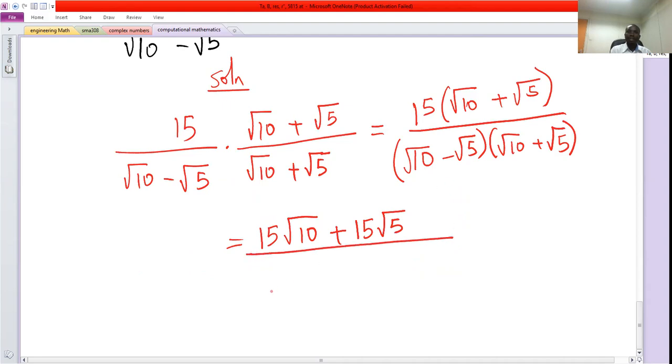Root 10 times root 10 is root 100. Root 10 times root 5 is root 50. Minus root 5 times root 10. Minus plus is minus. So 5 by 10 is 50. Minus plus is minus. Root 5 times root 5 is 25.